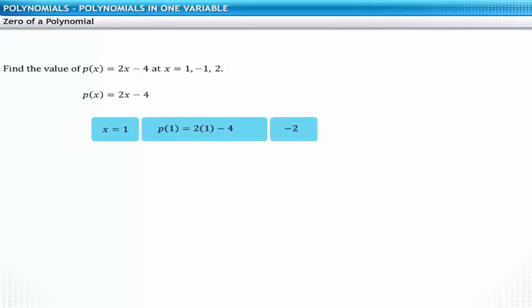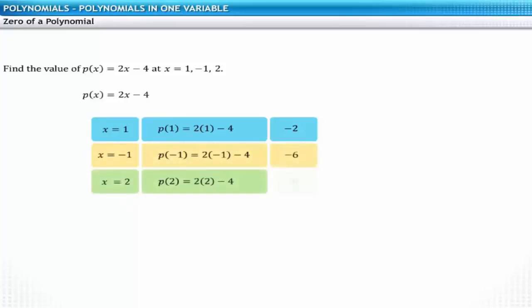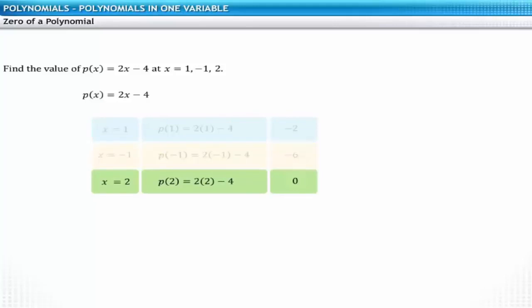Similarly, the value of the polynomial for x is equal to -1 and x is equal to 2 is -6 and 0 respectively. In this example, the value of the polynomial is 0 when x is equal to 2. Therefore, 2 is the 0 of the polynomial p of x is equal to 2x minus 4.